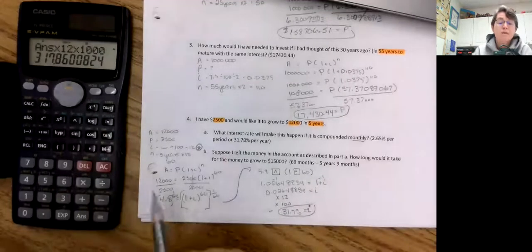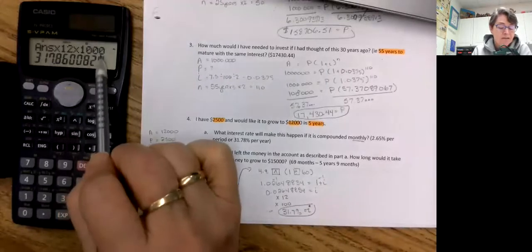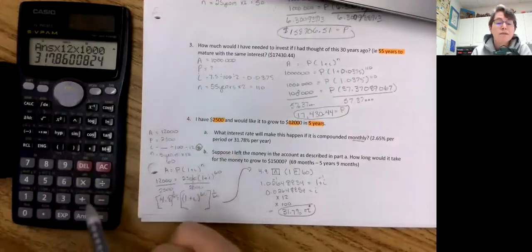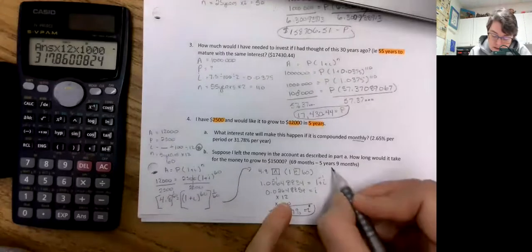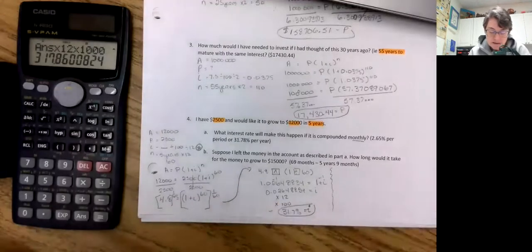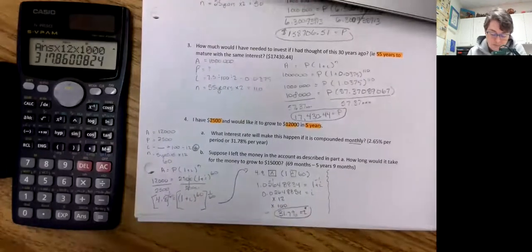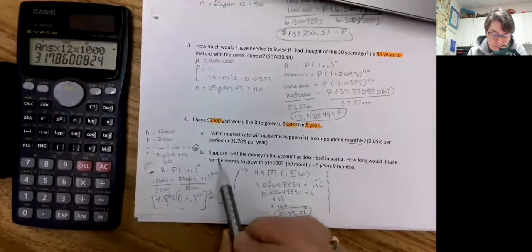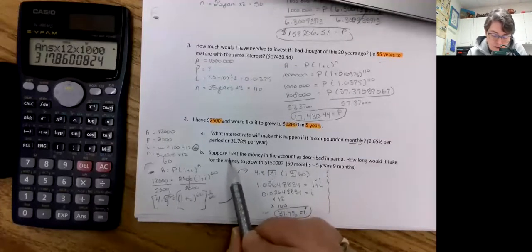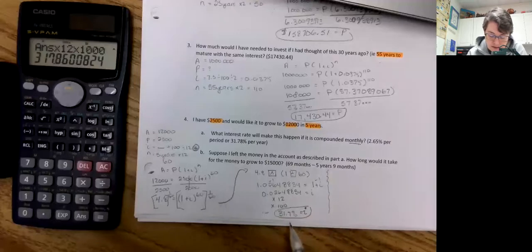I screwed up, put an extra 0 there. That means my decimal place was 1 too far. Okay, there's my interest rate.